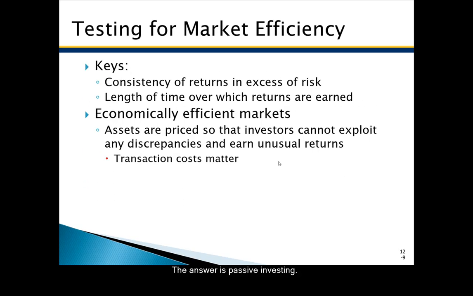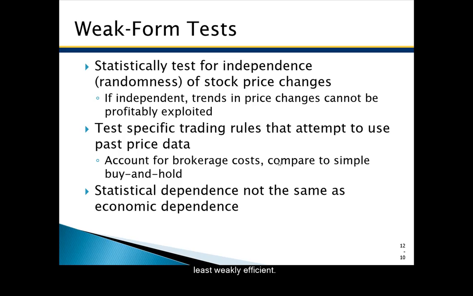Is the U.S. stock market weakly efficient, or semi-strongly efficient, or strongly efficient? In the past, financial researchers conducted many empirical tests trying to reveal the truth. To test weak form efficiency, we look at the randomness of stock price changes. The consensus so far is that stock prices move randomly, and it's likely the market is at least weakly efficient.